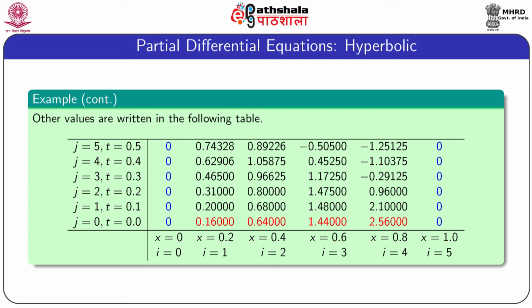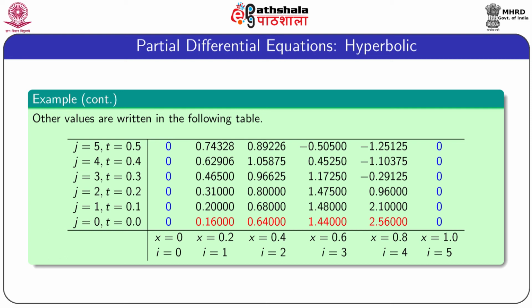For the third row from the lower portion of the table, when t equal to 0.2, the value of u when x equal to 0.2 is 0.3. When x equal to 0.4, the value is 0.8. When x equal to 0.6, the value is 1.475. When x equal to 0.8, the value is 0.9.